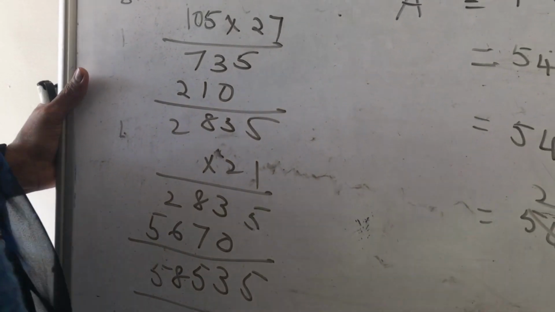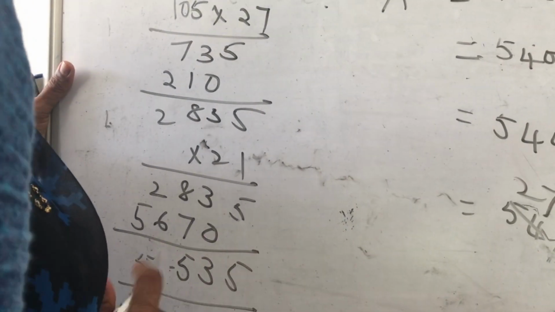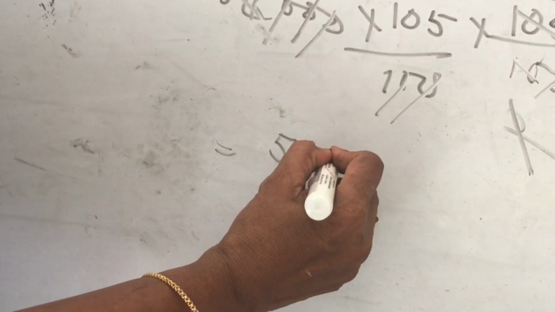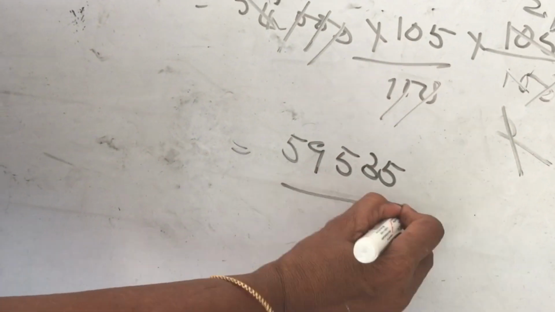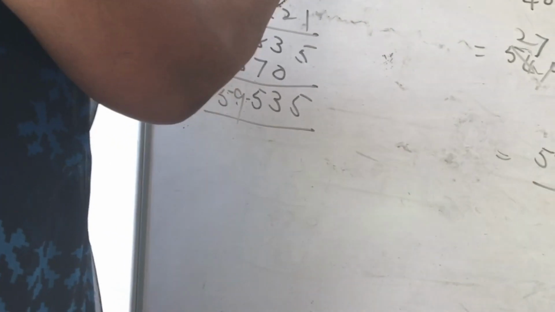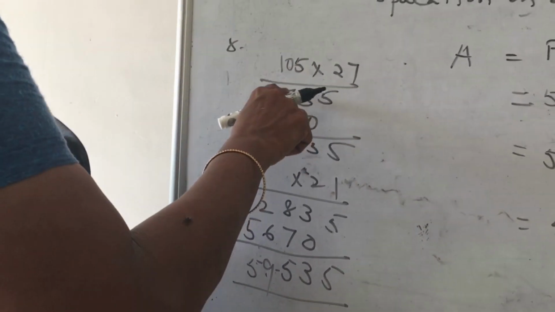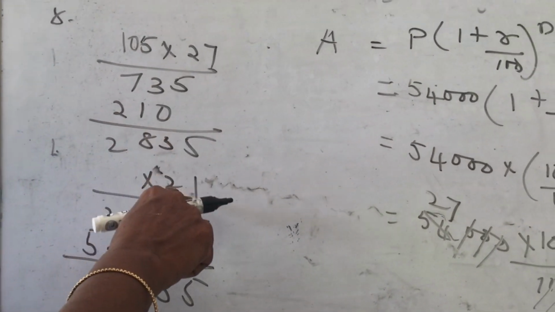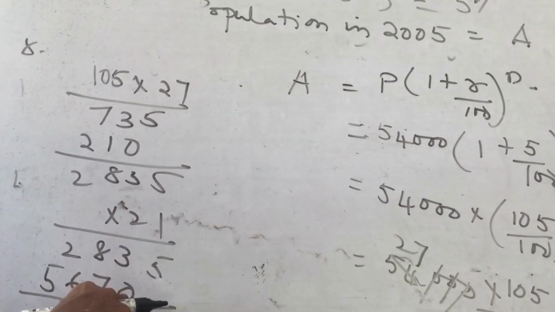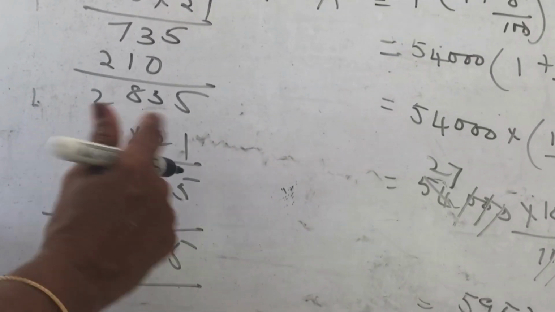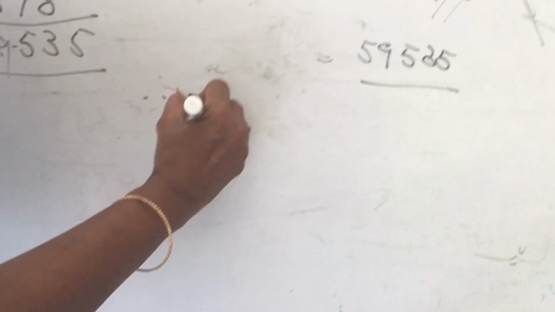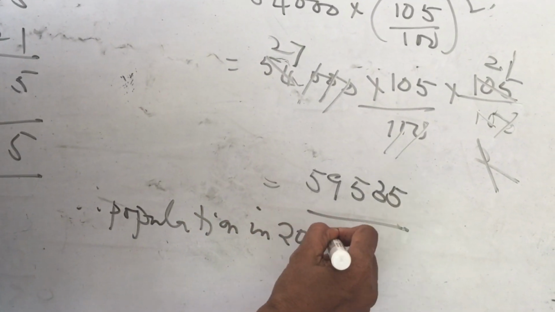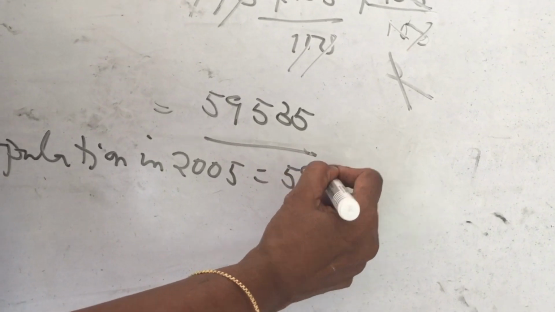This is the population in 2005. Therefore, population in 2005 is equal to 59535.